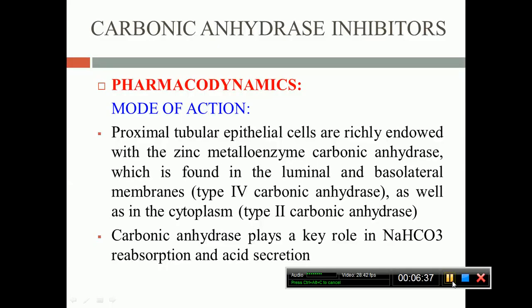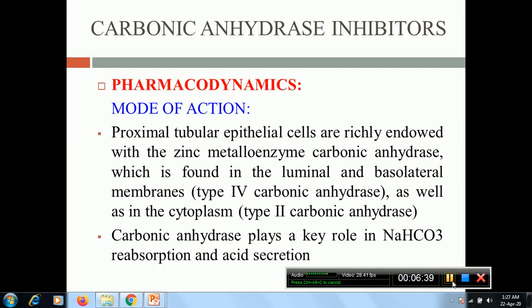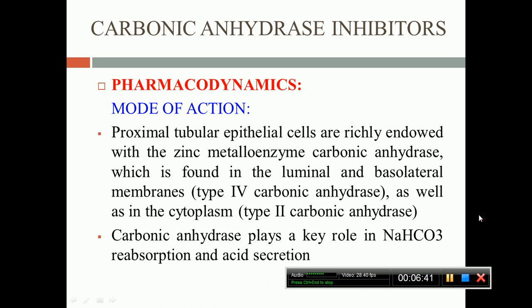That is 7.4 plus or minus 0.05, 7.35 to 7.45. For any drug we have to see its mechanism of action. Carbonic anhydrase inhibitors block the carbonic anhydrase enzyme.